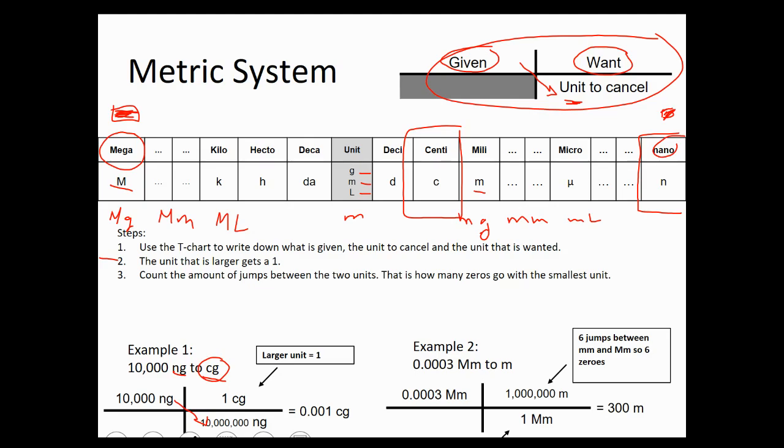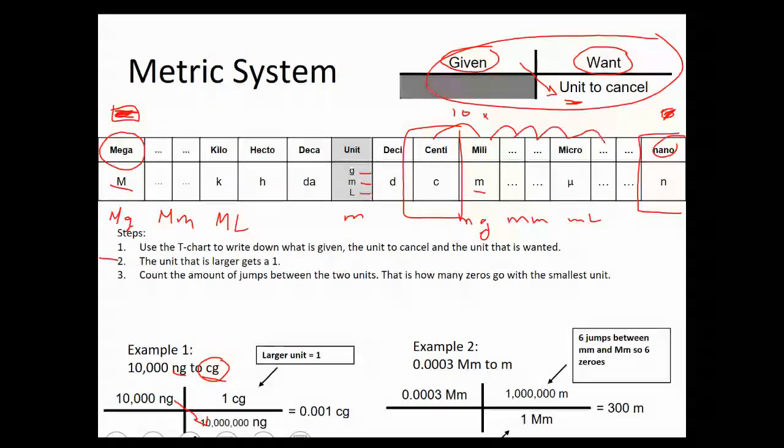And in your previous lecture, that PowerPoint that you saw, you were told that the metric system is based on the base unit 10, right? So basically what we're saying is that centigram is 10 times larger than the milli. And milli is 10 times larger than the next unit, and so forth.